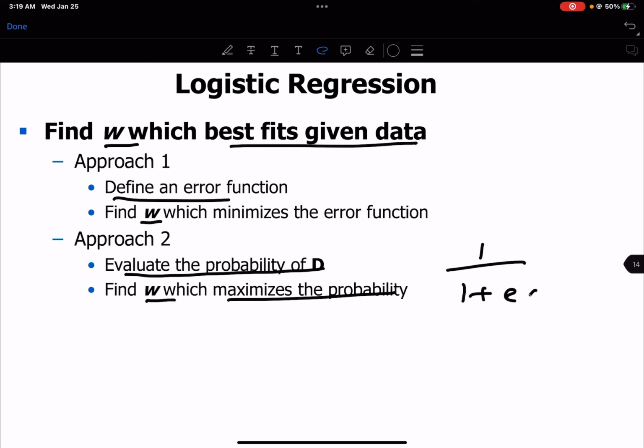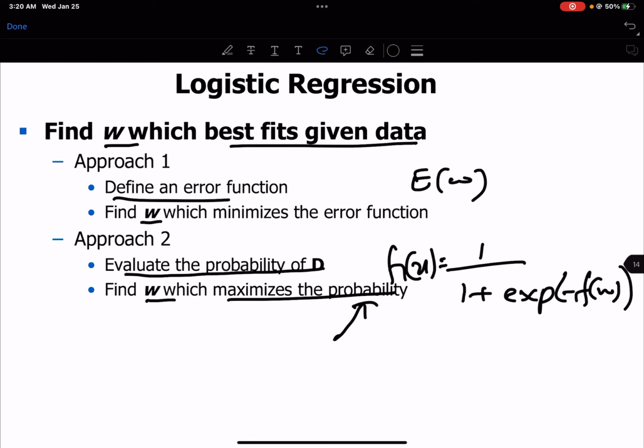The probabilistic function is this one, your classifier that we use with the probability, and then here we have the error function and find w that minimizes the error function.